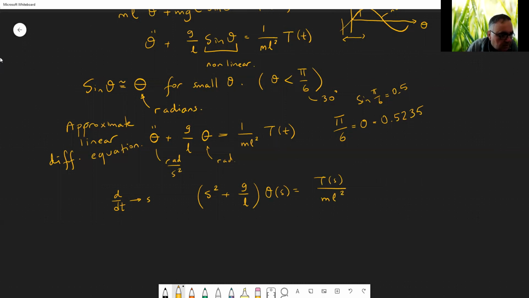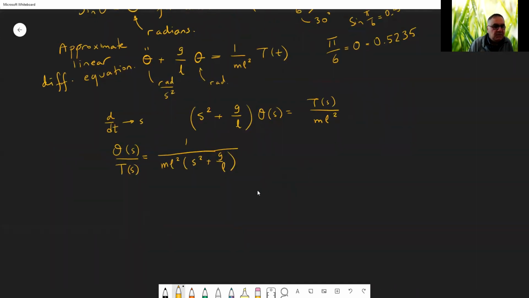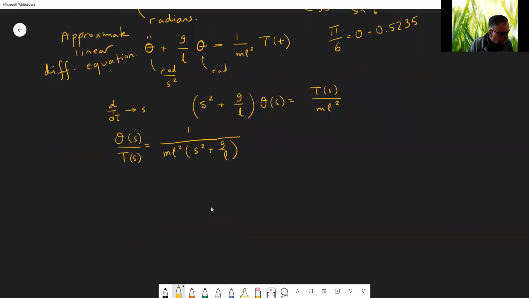And the transfer function between theta of s divided by T of s, approximate obviously, because we have the linearizing approximation, is 1 over ml squared, s squared plus g over L. Okay. This would be our transfer function for this system.